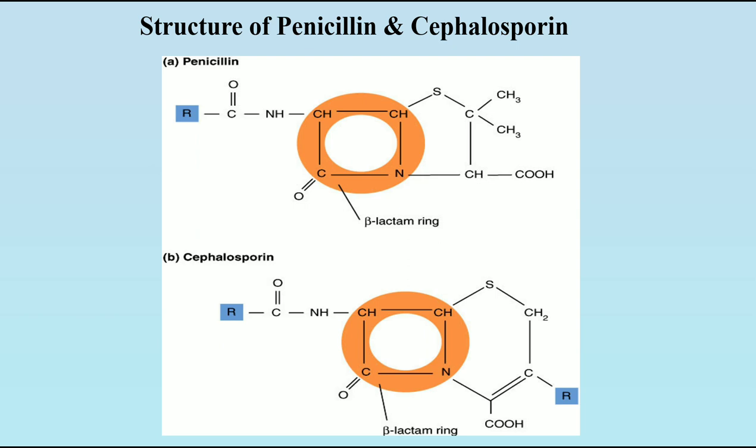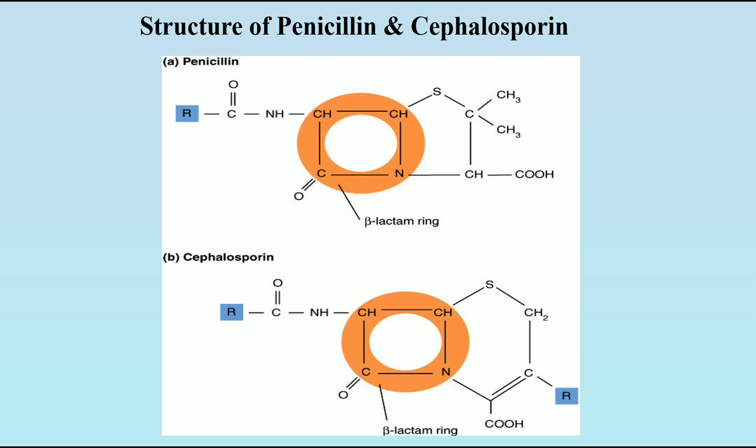the rest of the structure is the same, but after the beta lactam ring, you can see that the sulfur atom ring has six atoms, and it has also a carboxylic group at the bottom, and then there is an R group which is connected to the C, which is highlighted in blue.